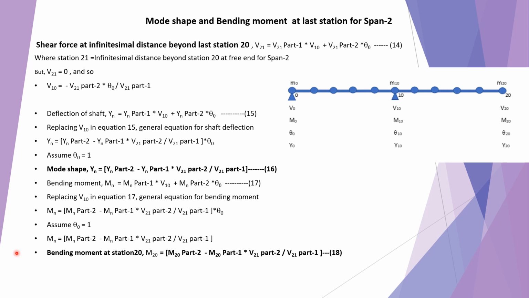Mn is equal to Mn part 2 minus Mn part 1 into V21 part 2 upon V21 part 1. So the bending moment at station number 20 can be written as M20 is equal to M20 part 2 minus M20 part 1 into V21 part 2 upon V21 part 1. This is equation number 18. So this is the equation for the last station of span 2.